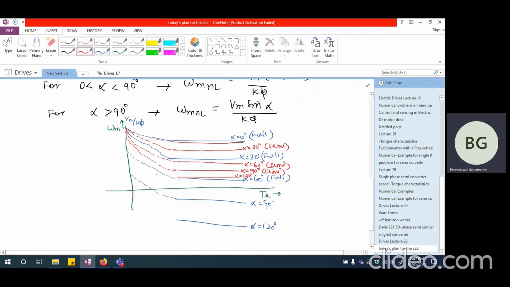And that also lies in the first quadrant. And that should be connected with Vm sine 120 divided by K phi. So this should be joined with whatever is Vm sine 120, Vm sine alpha by K phi. So this is Vm sine alpha divided by K phi.